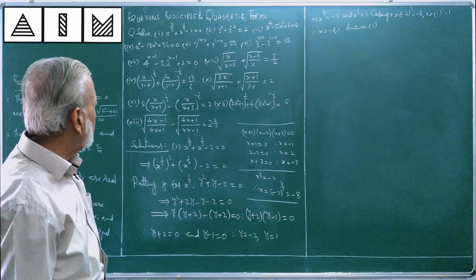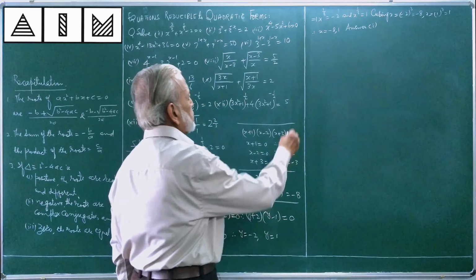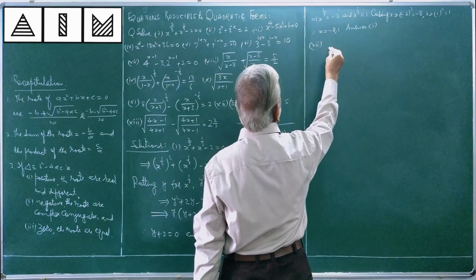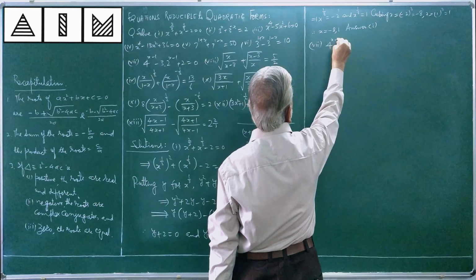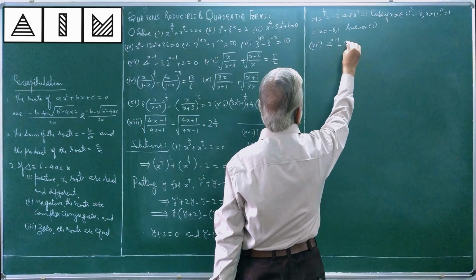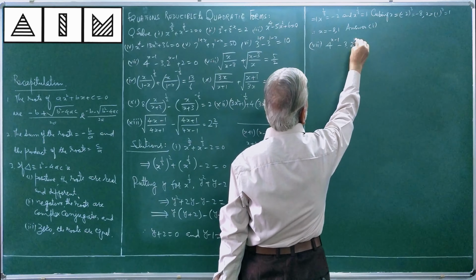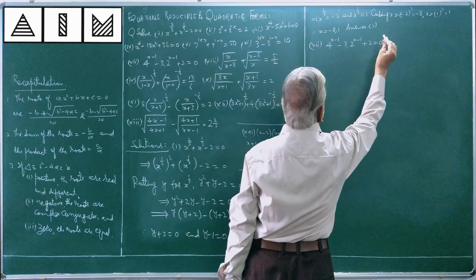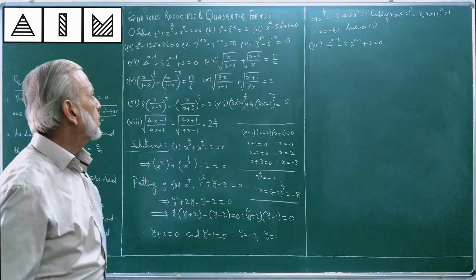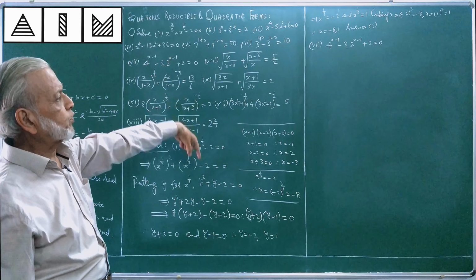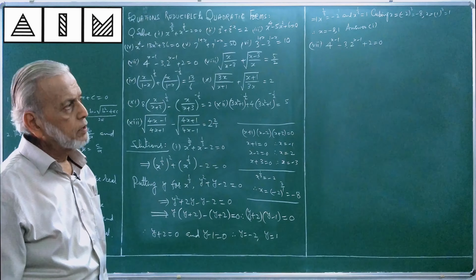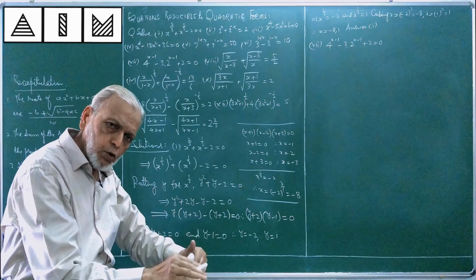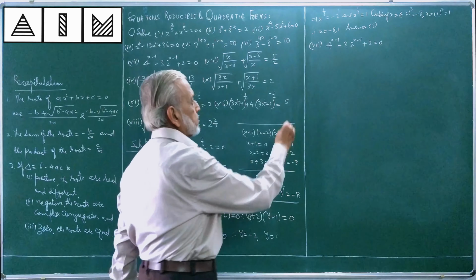I am solving one more question, solving the 7th one, please see. 2 power x minus 1 minus 3 times 2 power x minus 1 plus 2 is equal to 0. This equation also will be reduced to, will be brought to quadratic form. Please see.